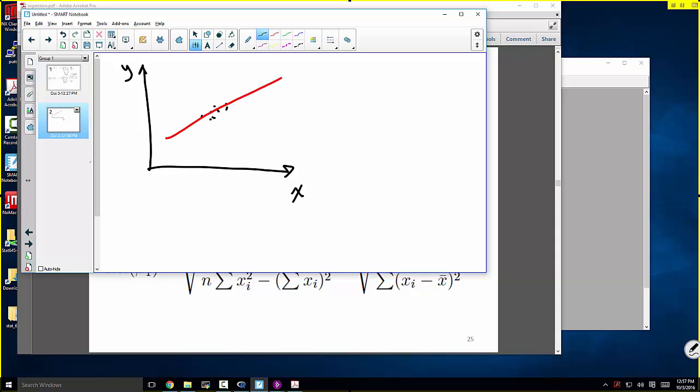If, on the other hand, we had x's that were further out like this, spread out on the horizontal axis, if there's more variability in the x's, then we would get a slightly different line potentially. If that line is the true relationship, you will have a more stable estimate of it when you have the x points spread out more. It's easier to estimate the line when you have more coverage on the x-axis.